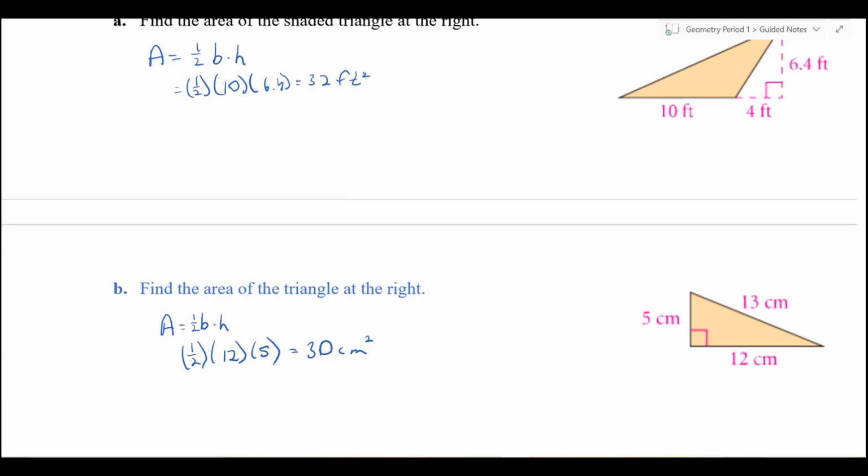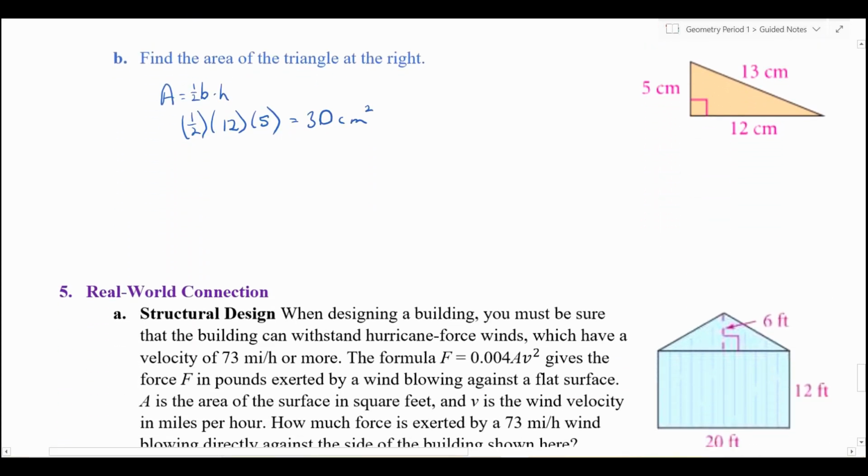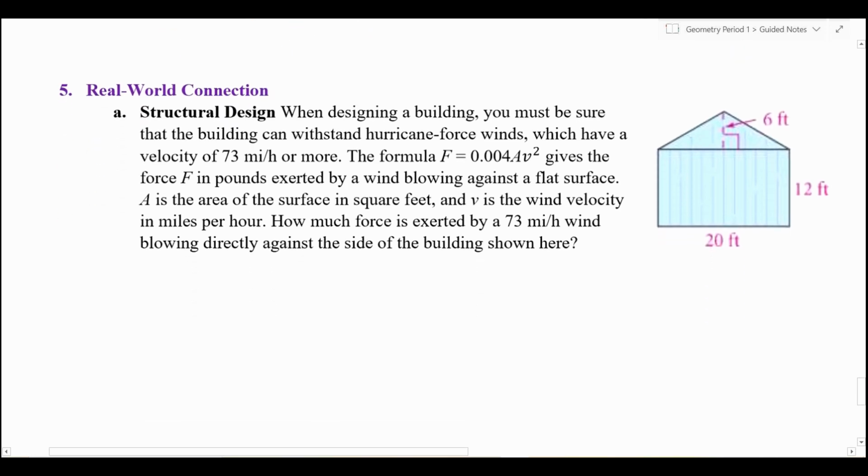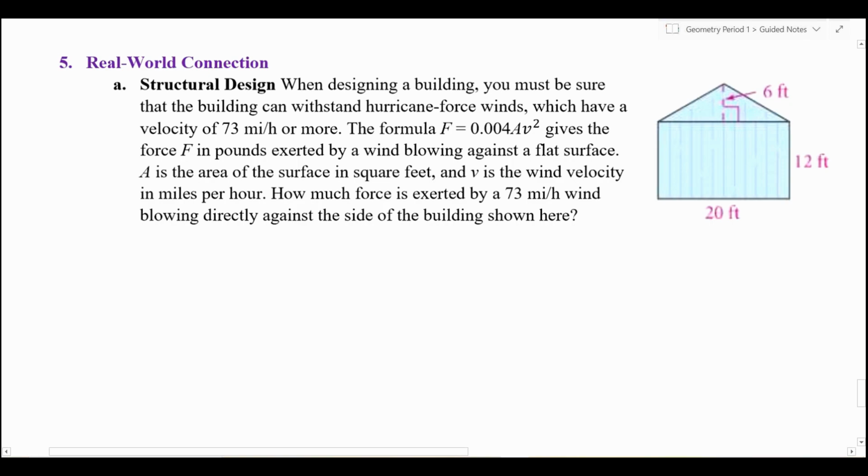Now let's continue on to an application in the real world, which involves weather, and we can apply this in Florida because it deals with hurricane force winds. It says, structural design. When designing a building, you must be sure that the building can withstand hurricane force winds, which have a velocity of 73 miles per hour or more.